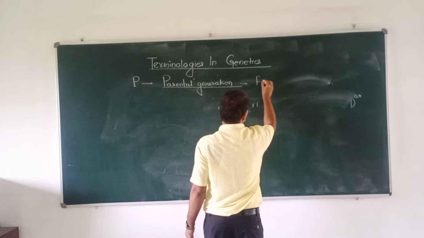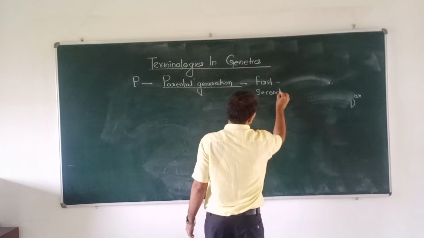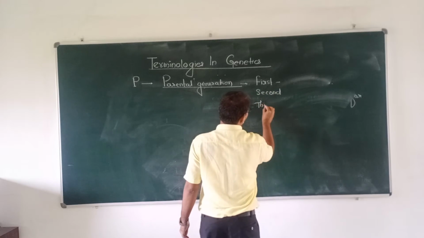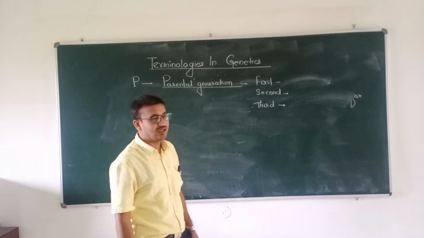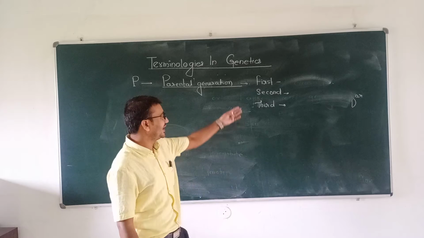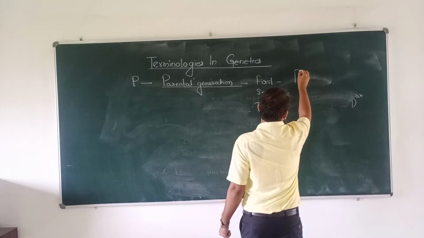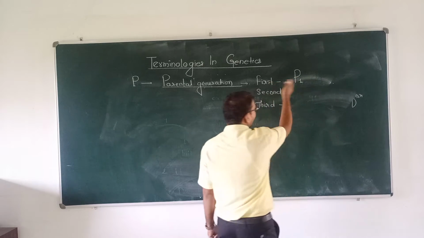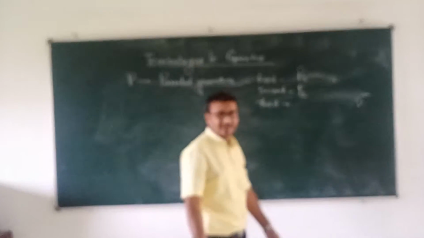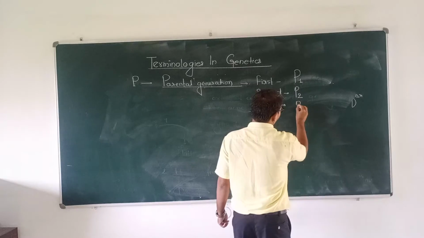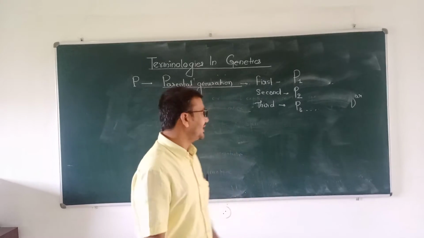There can be a first parental generation, a second parental generation, a third parental generation, and so on. These are symbolized as P1 for the first parental generation, P2 for the second, P3, and so on.